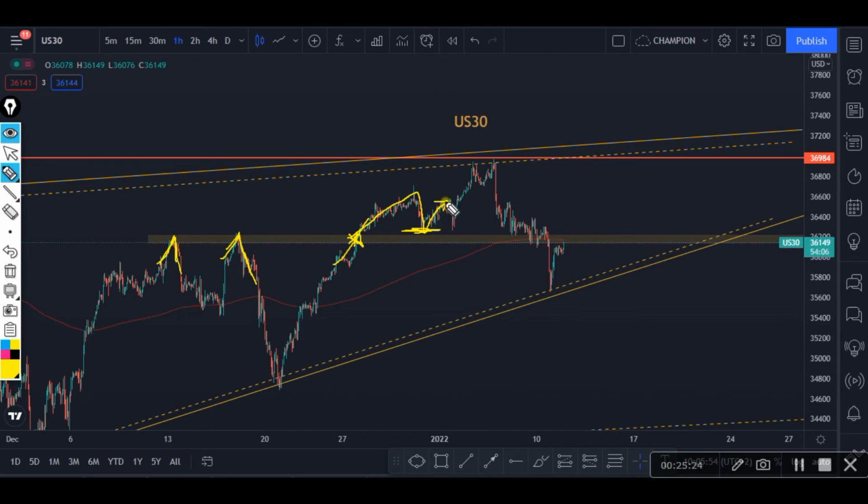Now look, it went to retest this area again, went up, creating another support area to show us that this is a support. It's been respected. It went up again to retest, pushed up, respected it again.